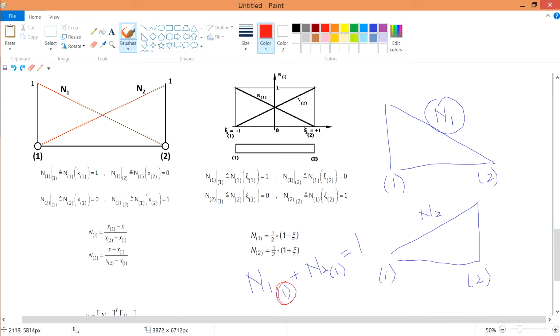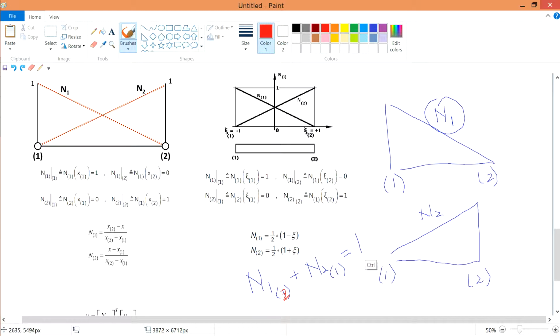So if you're looking at your shape functions at the same node, or at the same point, you'll always get 1. As you can see, at node 1 N1 is 1, N2 is 0. And then if it's at node 2 now, if I simply change this to node 2 and this to node 2, then N1 is 0, and N2 at node 2 is 1, so therefore it equals 1.